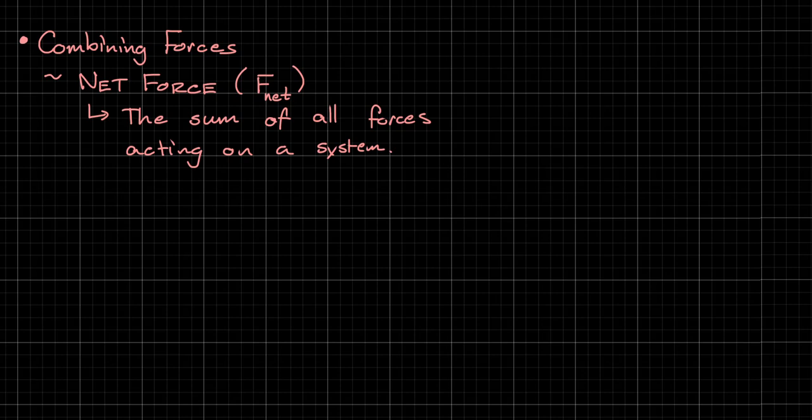So I'm going to start off today with just an automatic curveball for y'all. I want you to make a free body diagram, which we call FBD, and find our net force, which we will make sure is very clearly written as F sub net. Okay, I'm going to give us a context.